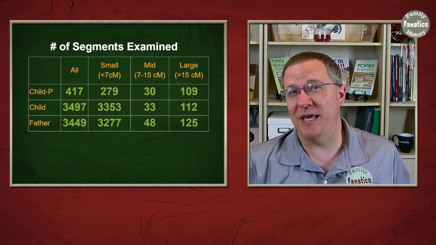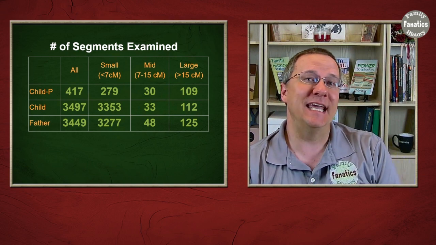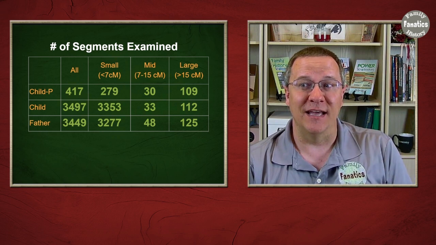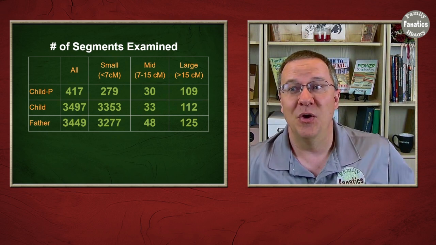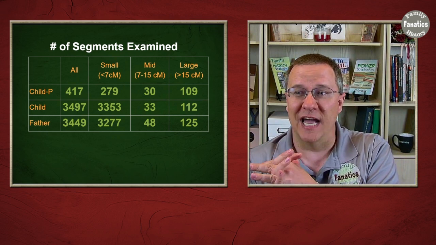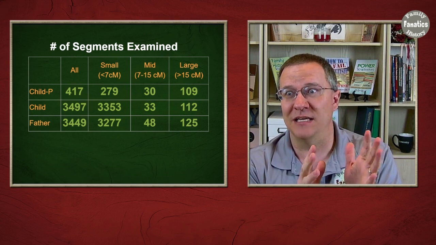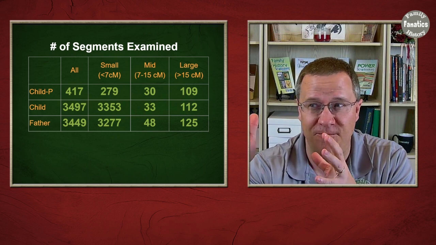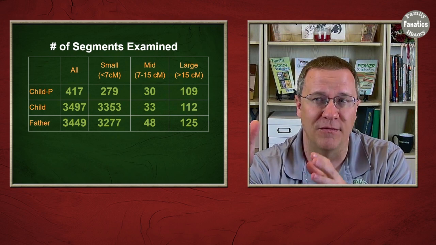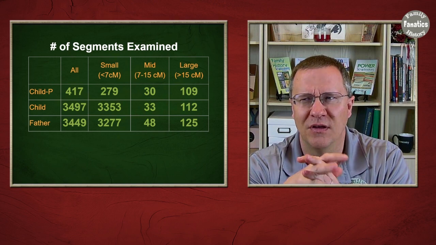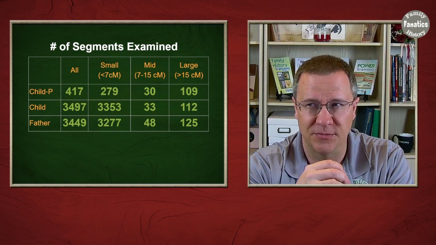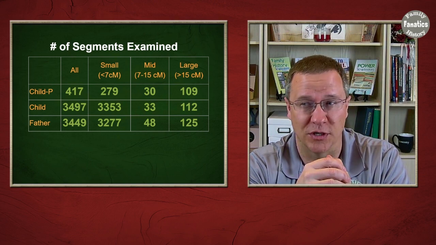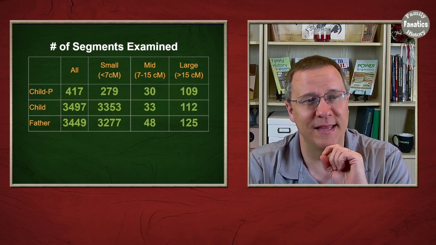So the first thing we can infer from this is that phasing data is great, because it takes away almost 90% of the data to even look at as far as segments. You can see that the majority of these cases are small segments, things that are less than 7 centimorgans.